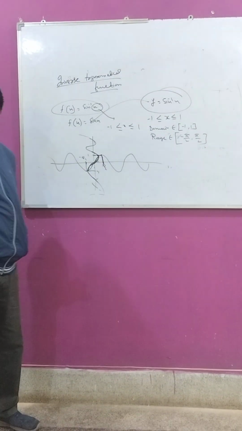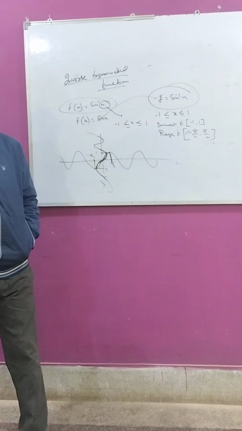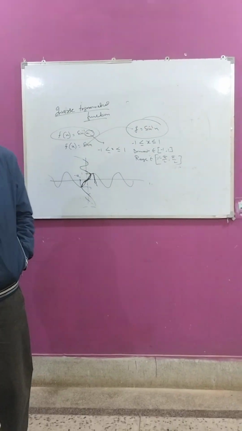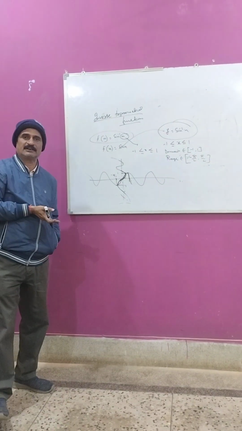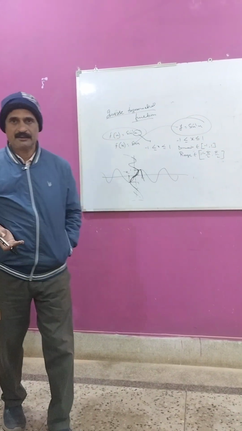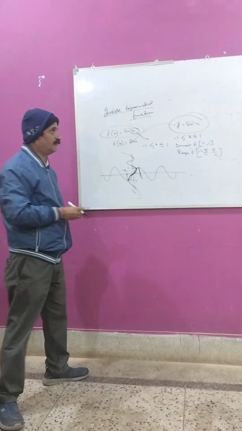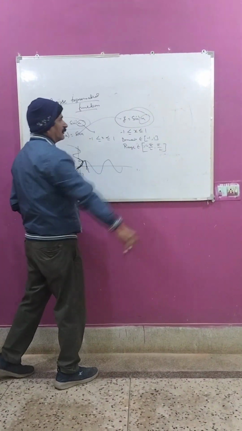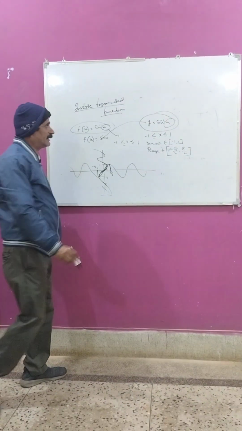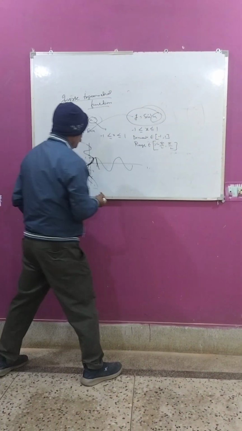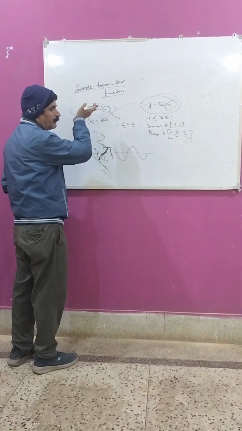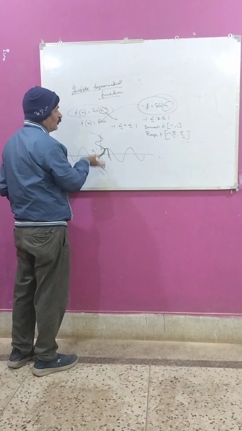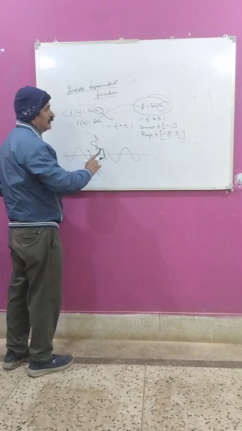Either it is cos inverse, tan inverse, whatever inverse trigonometric function, we have to take only that portion which makes the function bijective. That is the reason we are defining the domain -1 to 1. We cannot go beyond 1 here, because then the function will not be bijective. It will be a many-one function, which does not define its inverse.